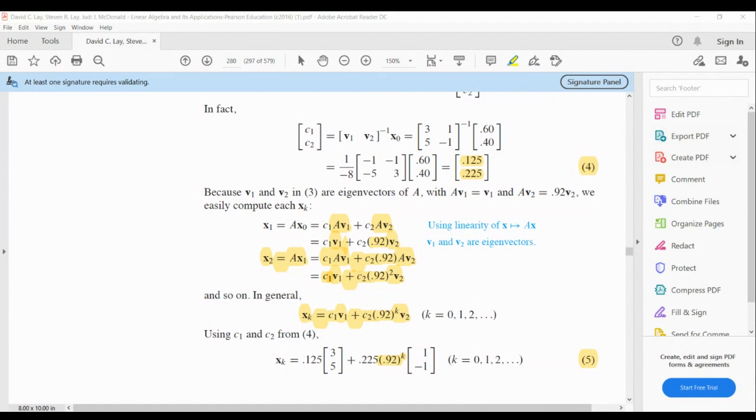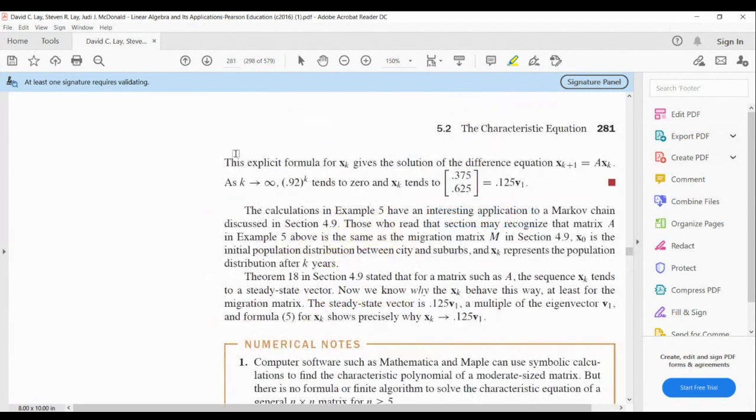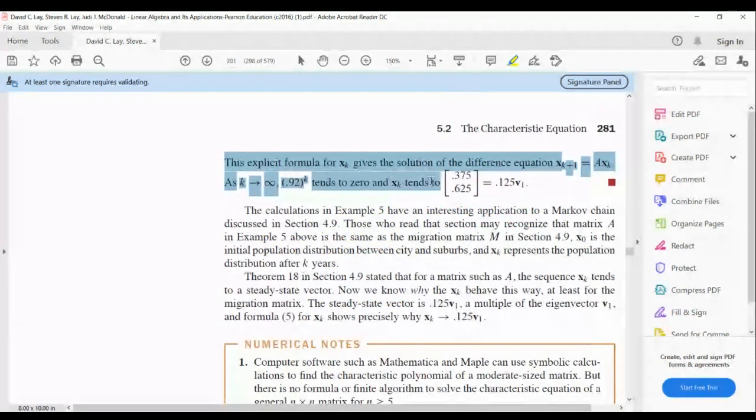Let me go to the next page. So what I'm trying to emphasize is this statement that is highlighted here, the entire thing.